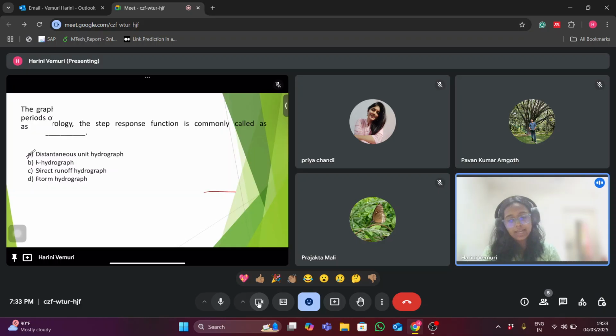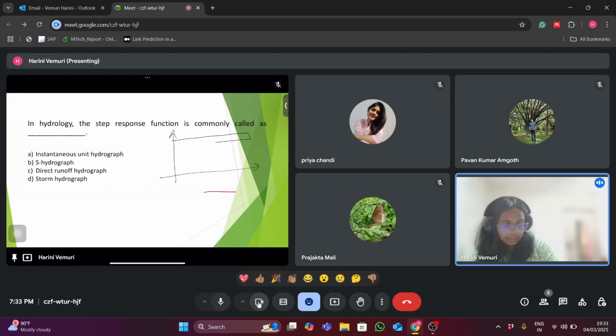The next question is, in hydrology, the step response function is commonly called as. If you remember, in the case of the S hydrograph, the excess rainfall is given as a box, and the response for this box is our S hydrograph.